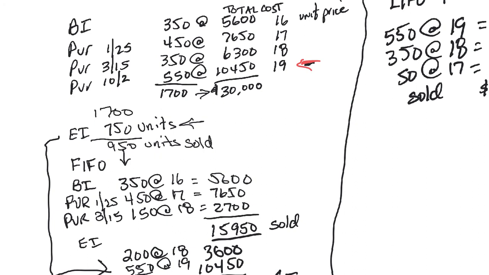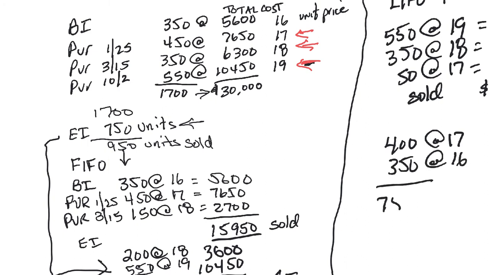We sold 350 from here. And we sold 50 from here. So we still have 400 left at $17 and 350 left at $16. Notice that adds up to our 750 for ending inventory.